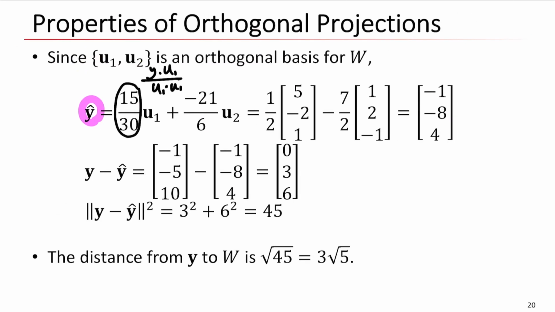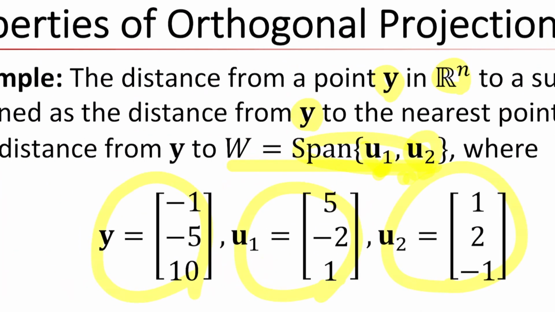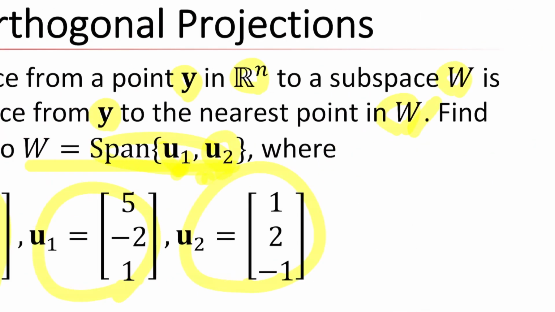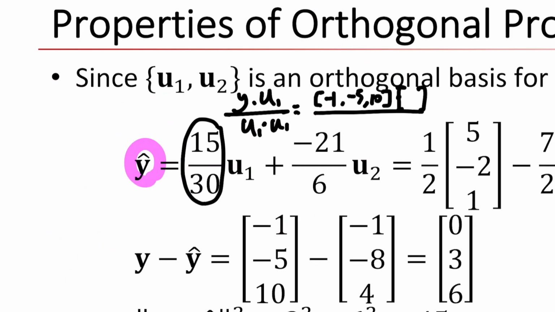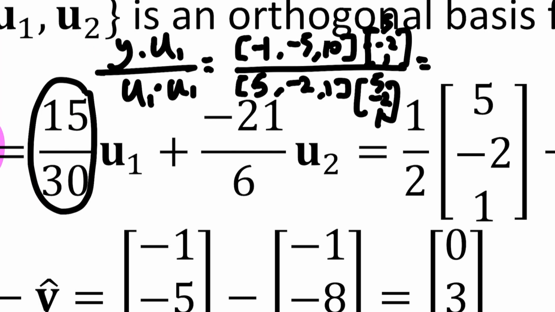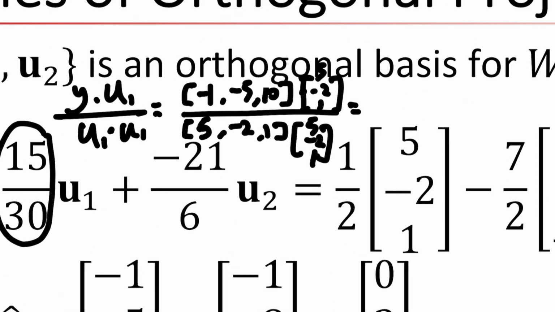It's -1, -5, 10, and u1 is 5, -2, 1. You can solve this on another space, but I don't have enough space, so I just solve this one here. Please understand this.